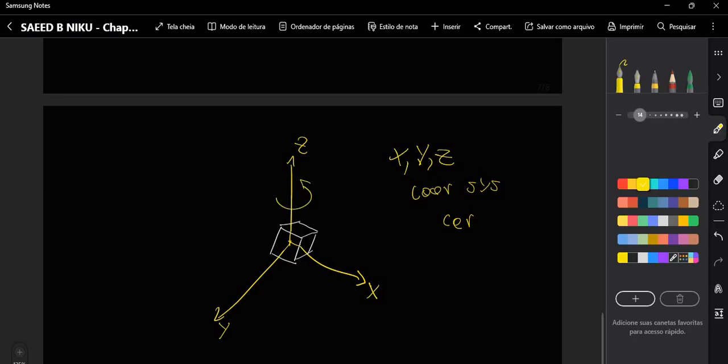Okay, so a point has 3 degrees of freedom, but a rigid body has 6 degrees of freedom.